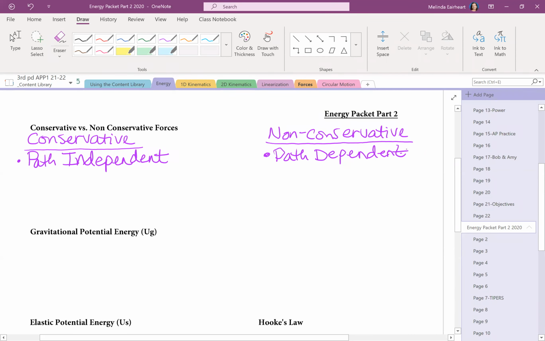The other designation relates to the energy that they provide. And again, energy's coming, but conservative forces have reversible changes in energy, where non-conservative forces have not reversible, or irreversible, I don't know what's more correct English, changes in energy.